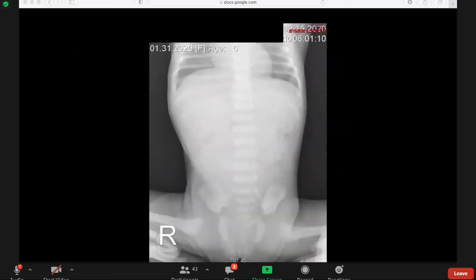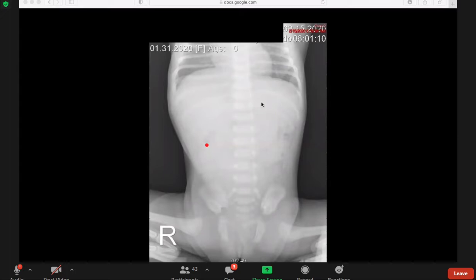Upon admission at the ER, an abdominal x-ray was initially requested. As we can see here, there is paucity of bowel gas in the abdomen. There is also absence of free air, gross organomegaly, or abnormal calcification.